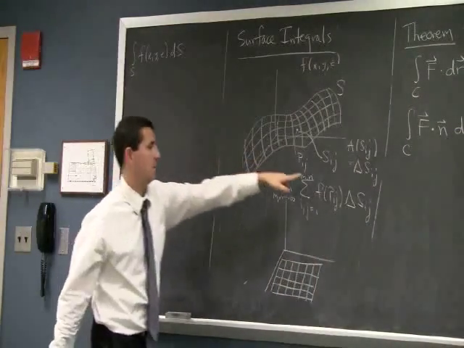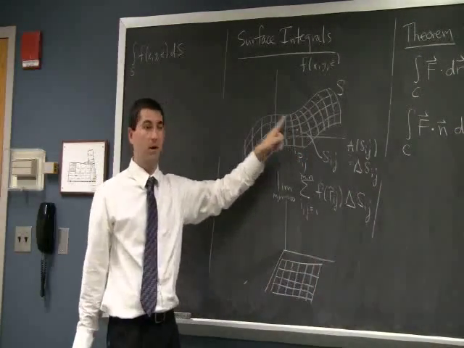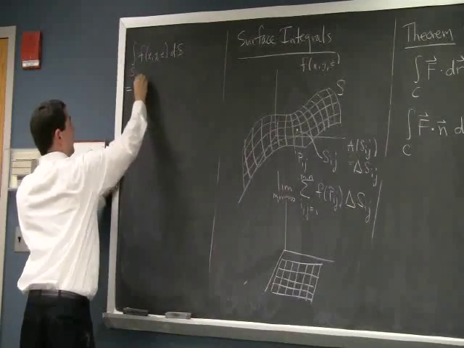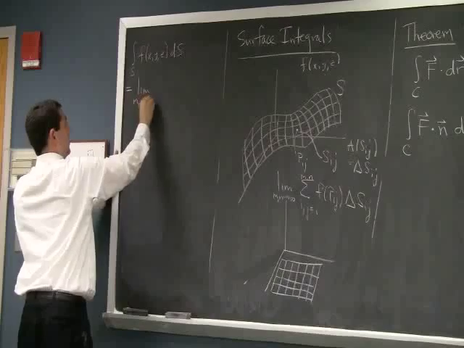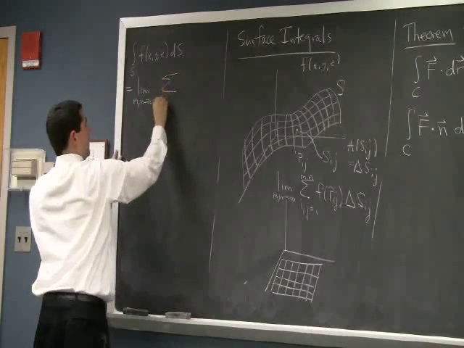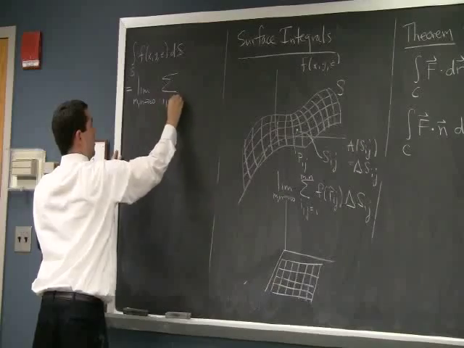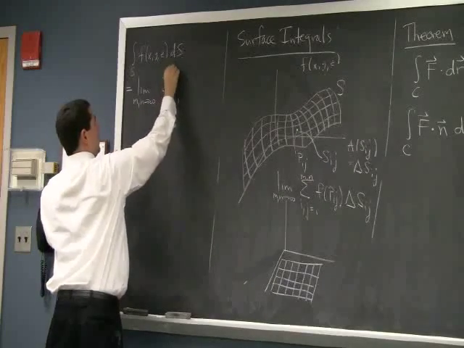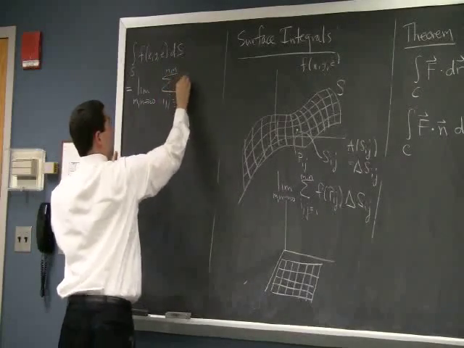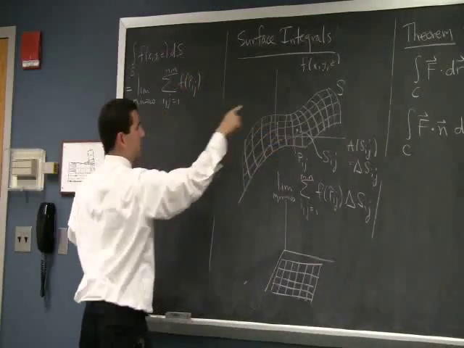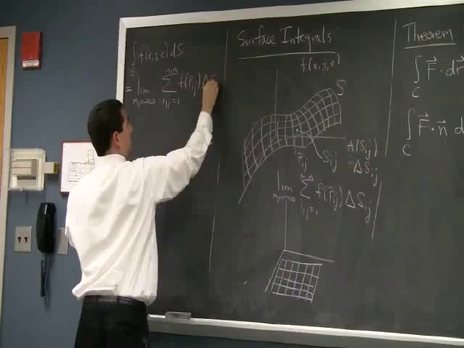The dS is coming from the area of this. This surface integral is the limit as m and n go to infinity of the sum as i and j go from 1 to m and n respectively, f of Pij, where you've chosen Pij's for all these little rectangles, times delta Sij.